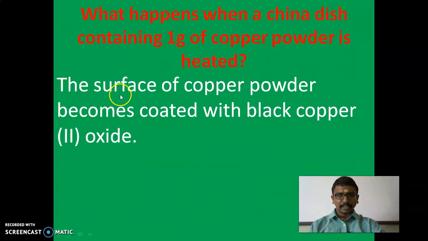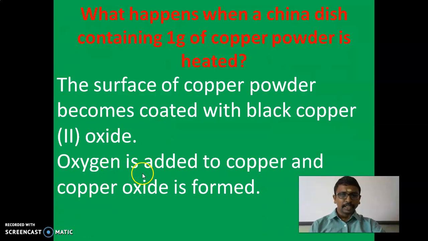The surface of the copper powder becomes coated with black copper 2 oxide. So the surface of the copper powder is coated with black color. It will be obtained as black color in the product. It will form copper 2 oxide.